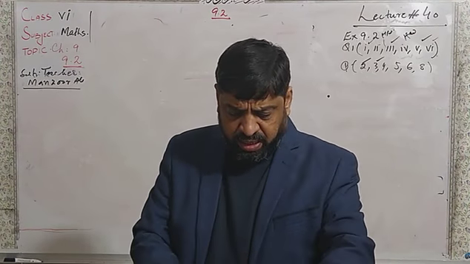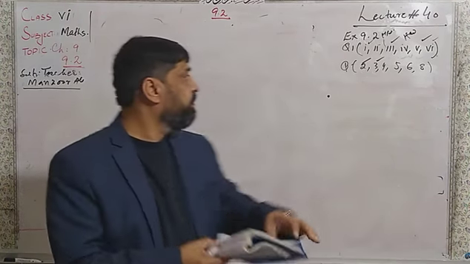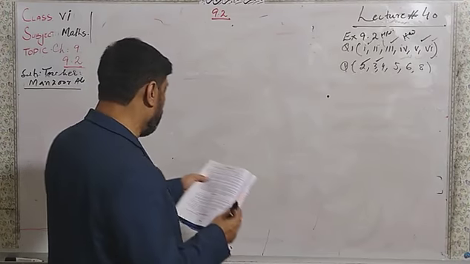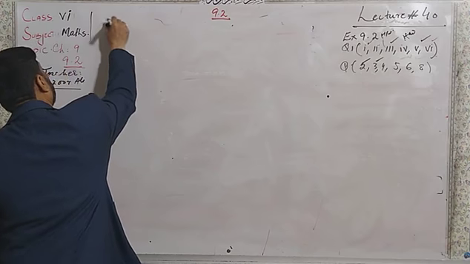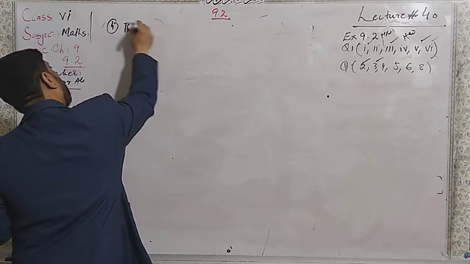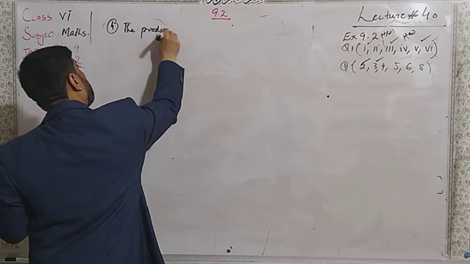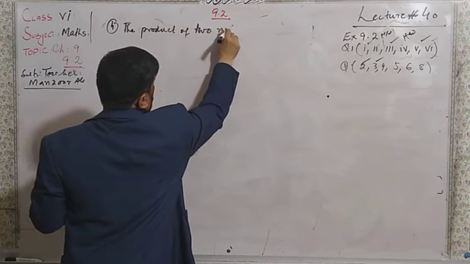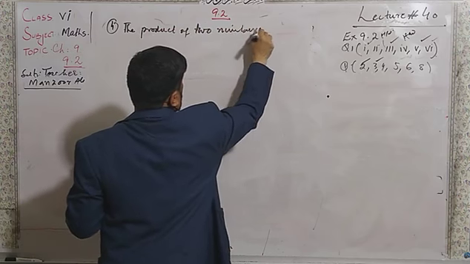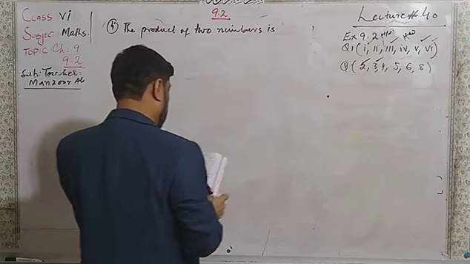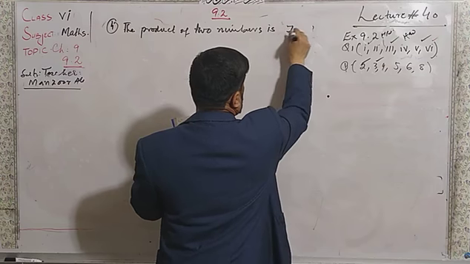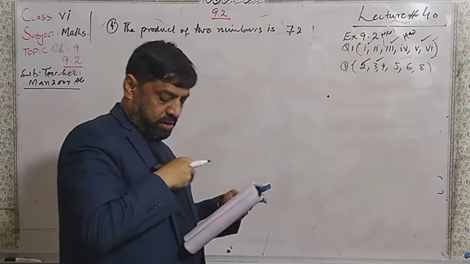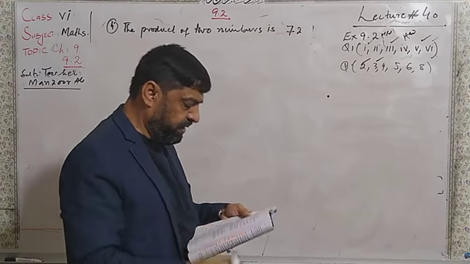Bismillahirrahmanirrahim. I have to write question number 4. What is question number 4? The product of two numbers is 72. This is the first condition.